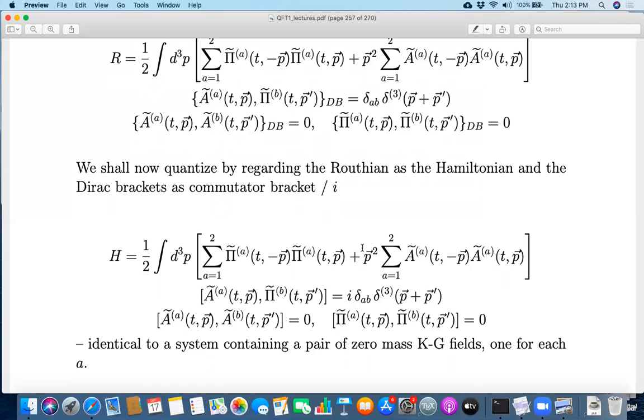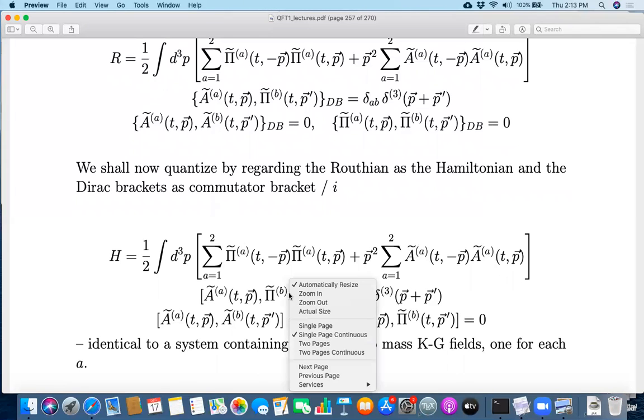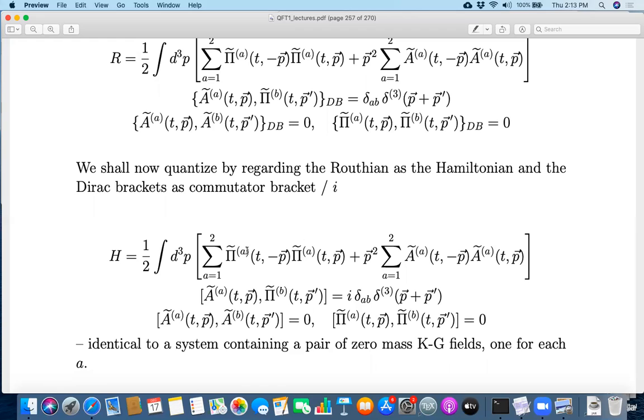The only difference is that for the Klein-Gordon field, we had p squared plus m squared. Here we have just p squared, which basically says that this describes the theory of massless particles, zero mass particles. And not one zero mass particle, but two different types of zero mass particles because of this index a.